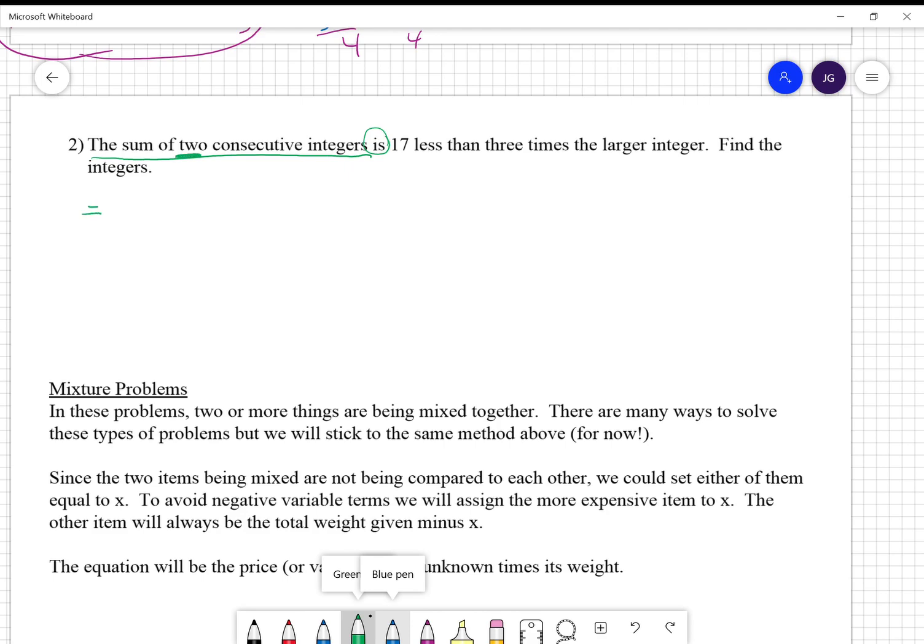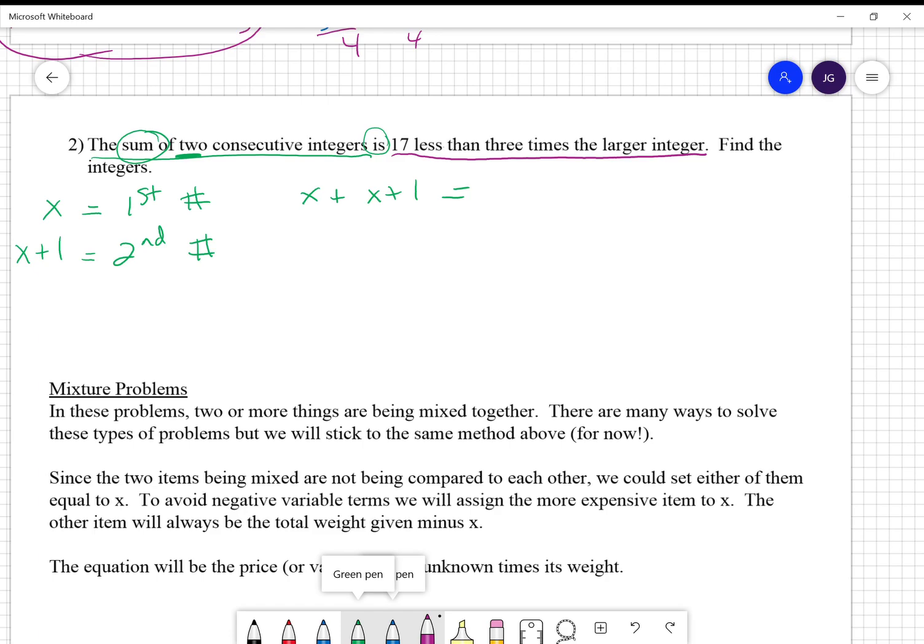I have two consecutive integers. So my first integer, my second integer: x, x plus 1. The sum of those two numbers, x plus x plus 1, is 17 less than 3 times the larger.